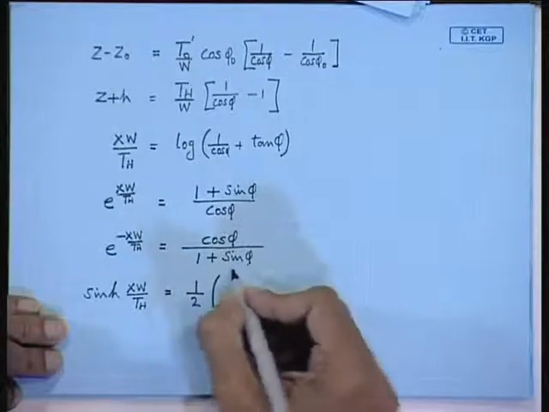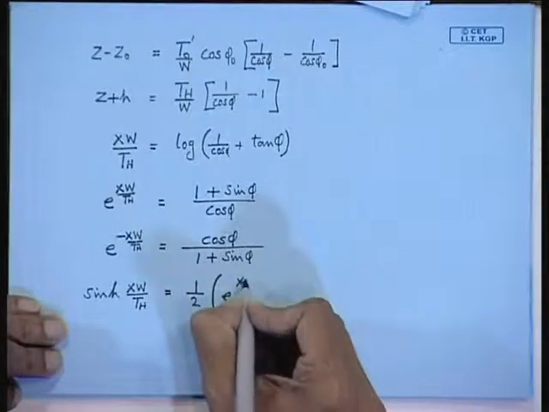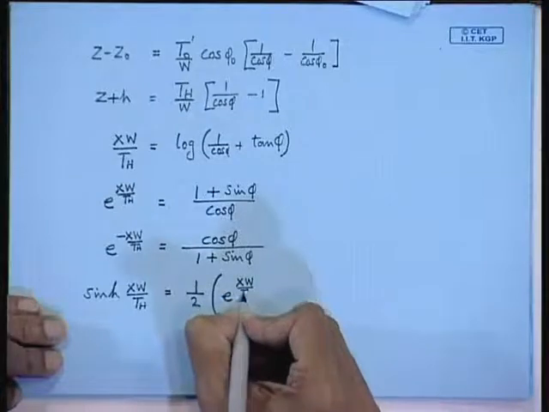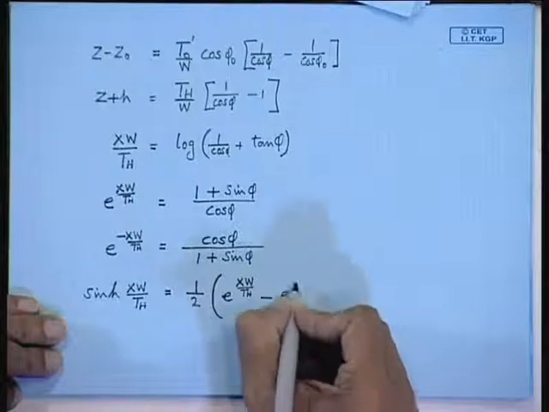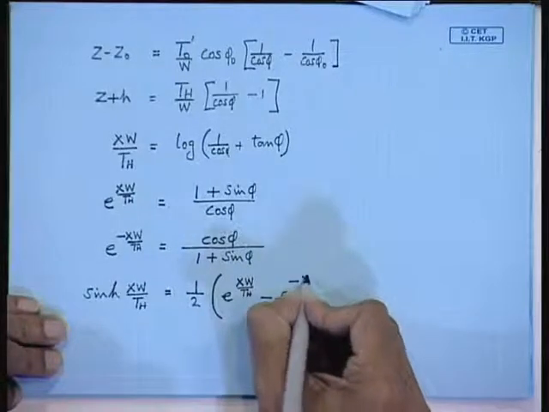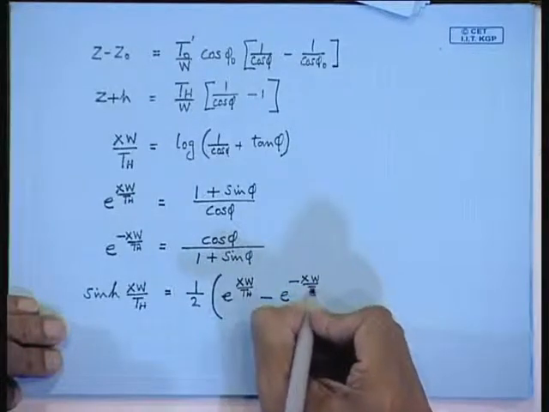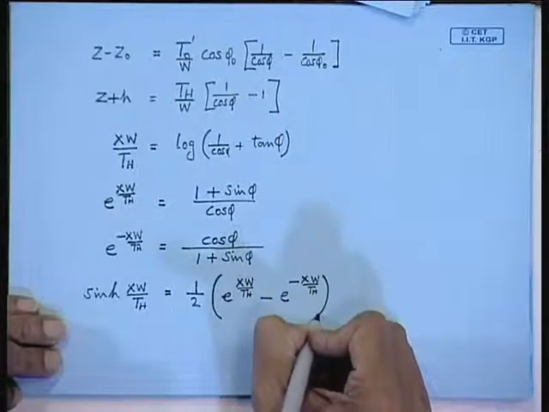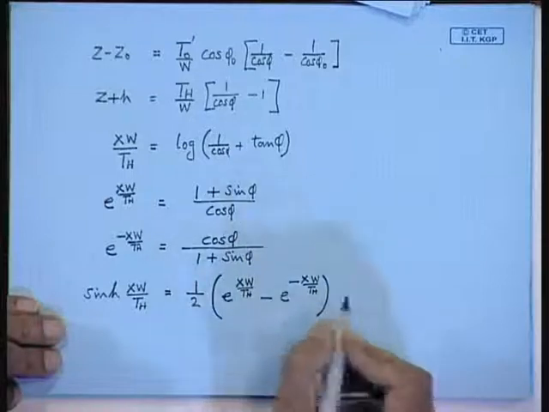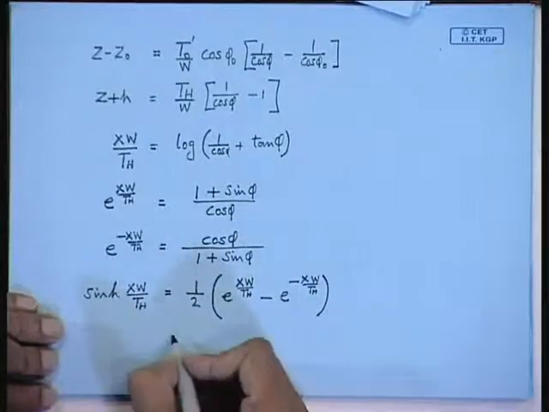So, what is the equation? Plus or minus? Minus e raised to power minus xw by Th. So, this is your expression for the sine hyperbolic term. So, now you substitute the values. So, this will be how much?